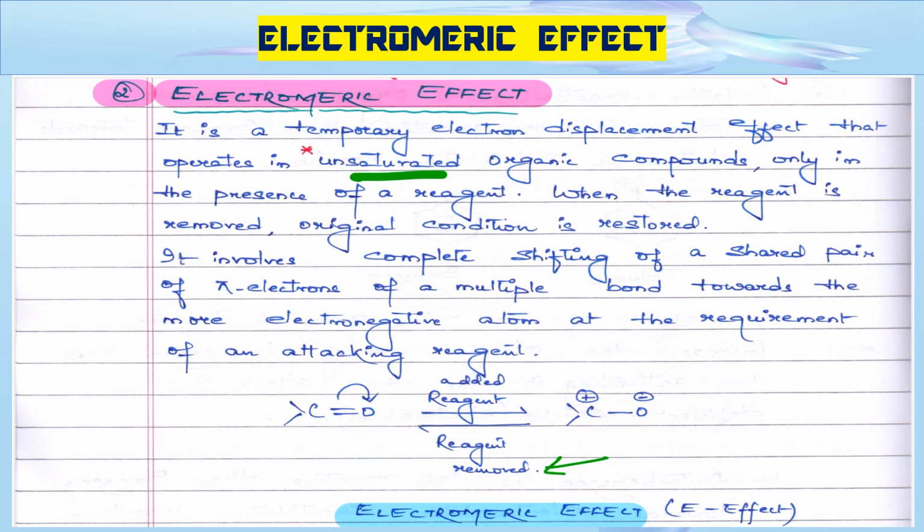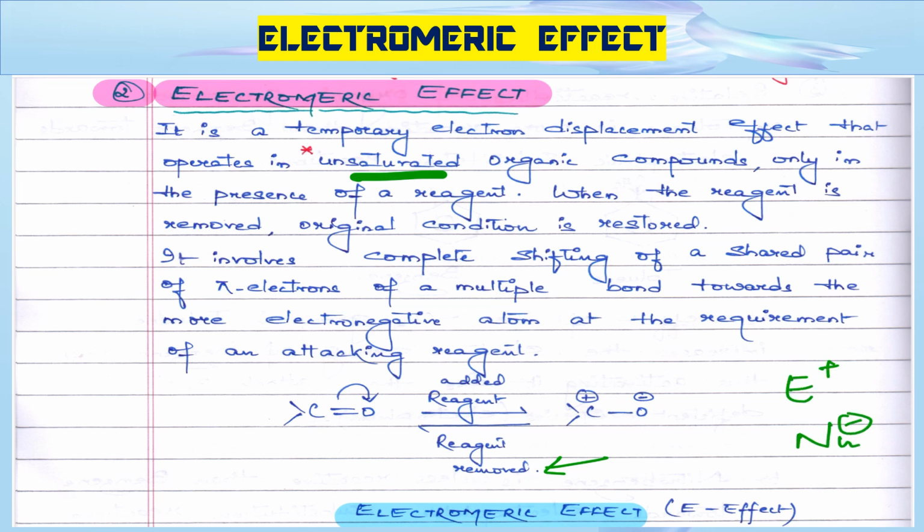A reagent is a species which may be either electron deficient or electron rich. If it is electron deficient, we call it an electrophile. If it is an electron rich species, we call it a nucleophile. So attacking reagents may be either electrophiles or nucleophiles.